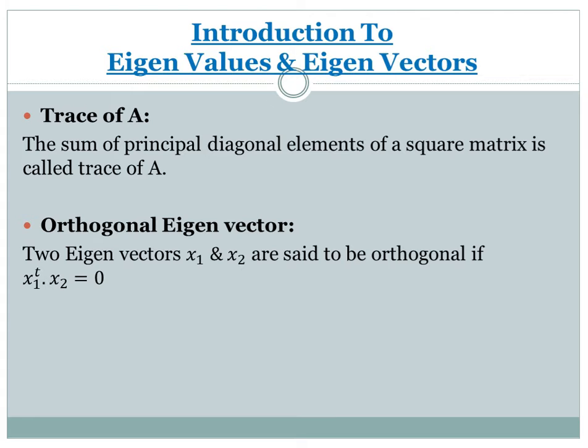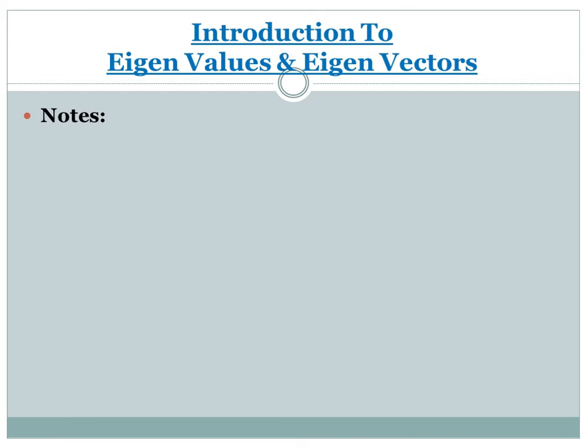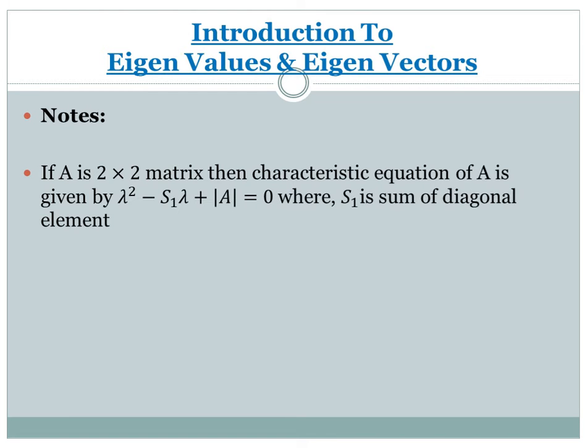Now these are the important notes. Note 1: if A is a 2 by 2 matrix, then the characteristic equation of A is given by lambda square minus s1 lambda plus determinant of A equal to 0, where s1 is the sum of diagonal elements.